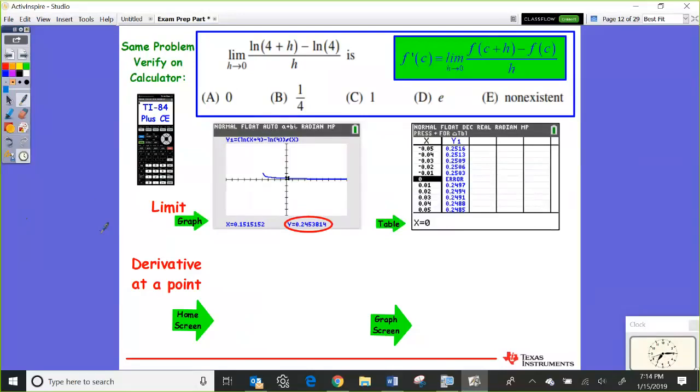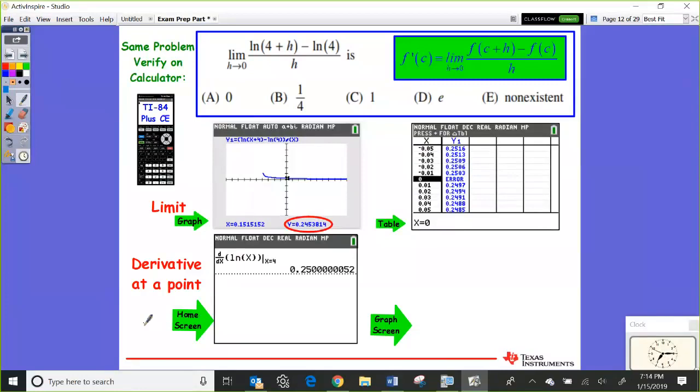So that's that limit. Now, what if we say, all right, this is log of x. If we take the log of x, I can take the derivative of log of x at x equals 4, and this is the answer I get on the TI-84. They're going to freak out about this little part. Remember that the calculator can't take limits.